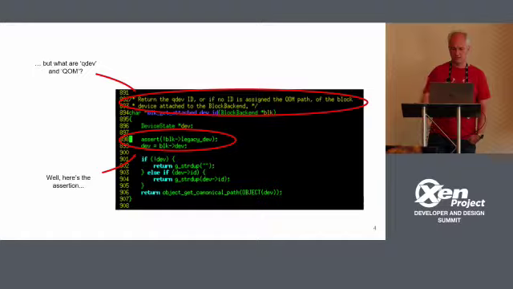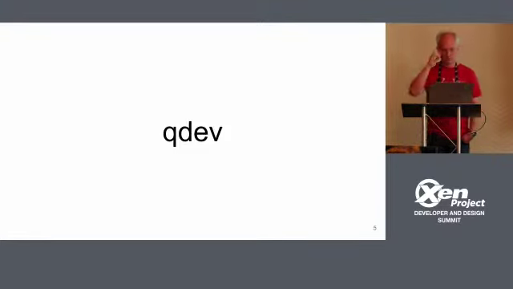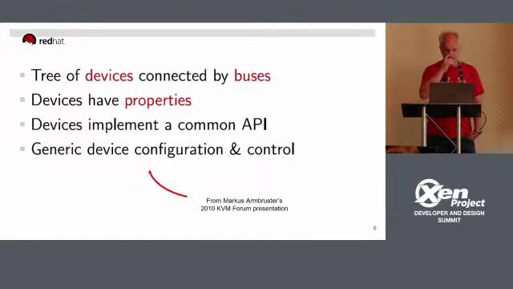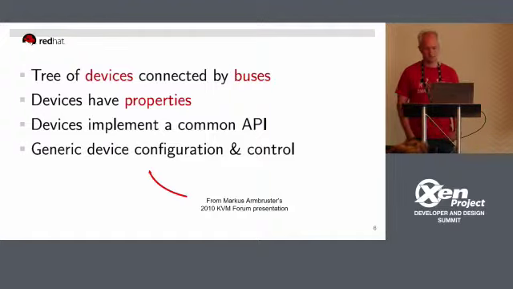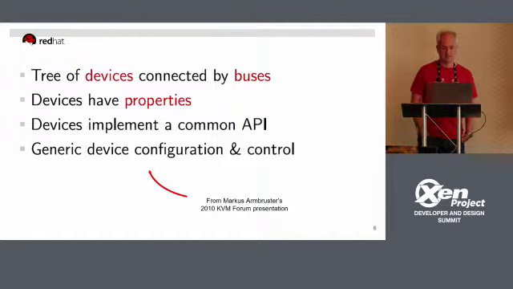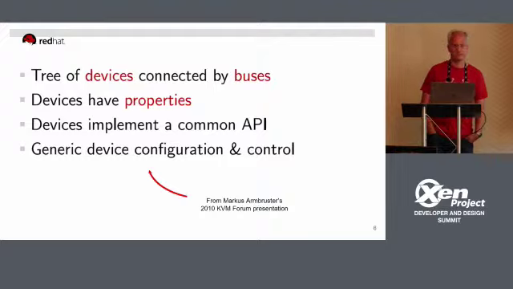What are those things? Well, let's start with qdev. qdev's pretty old. This is a slide I lifted from Markus Armbruster's KVM Forum presentation from 2010, so almost a decade old. It was, or it is, QEMU's framework for providing a generic mechanism of exposing a device tree.